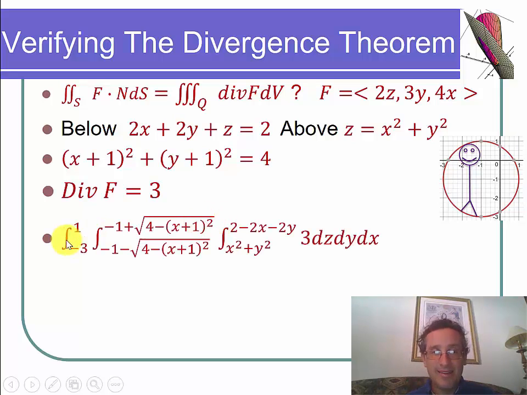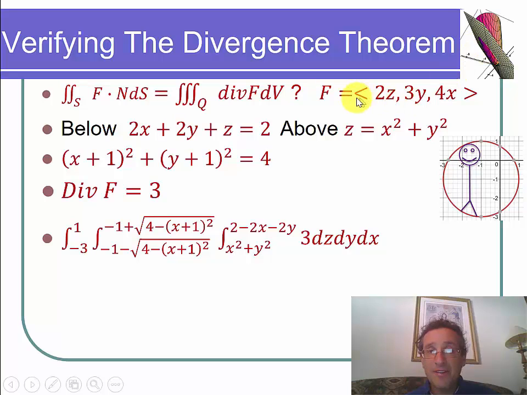I can write this as a triple integral. The first two sets of bounds are the same as what we had before: -3 to 1, and -1 minus the square root of 4 minus (x + 1)² to -1 plus the square root of 4 minus (x + 1)². And then the inner limits. That's going to be the top and bottom surfaces.